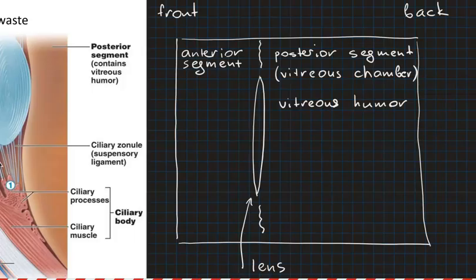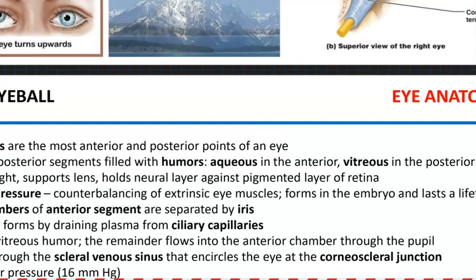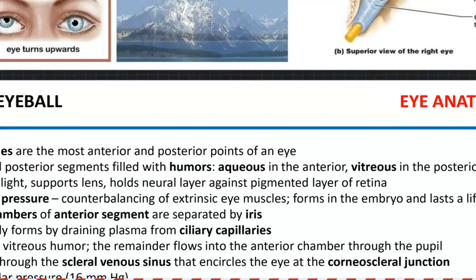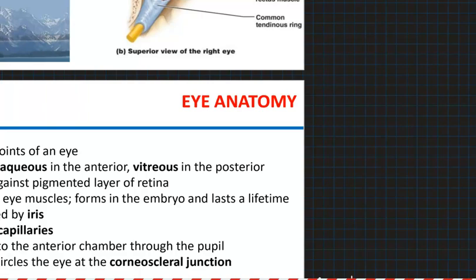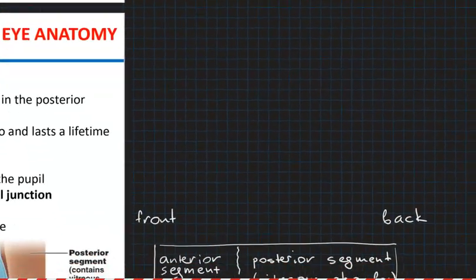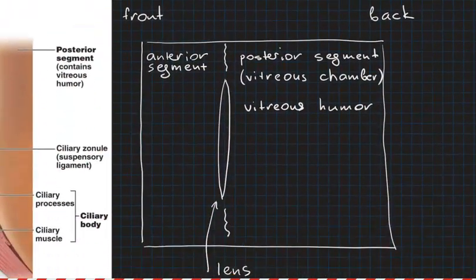Vitreous humor is sort of a gel-like substance. It is formed during your embryonic fetal development and stays with you for life. It doesn't change, okay?